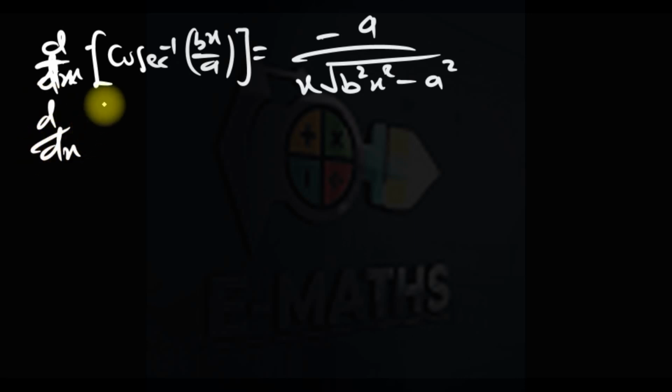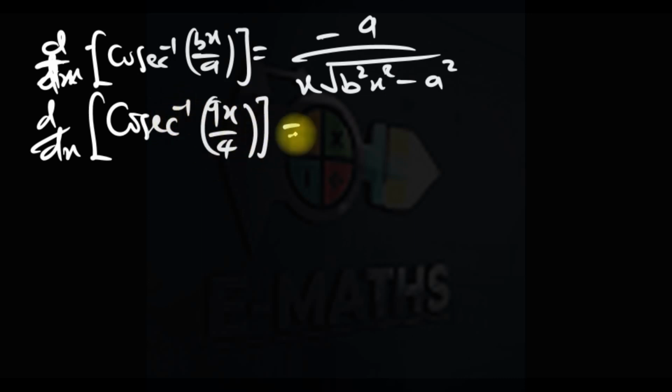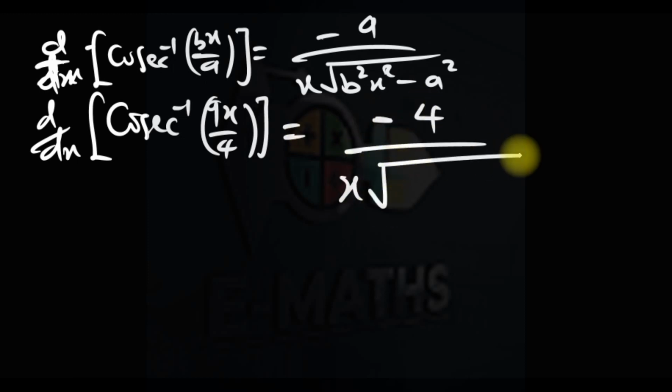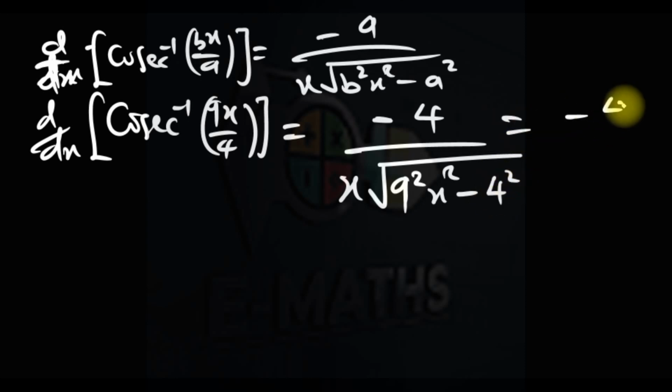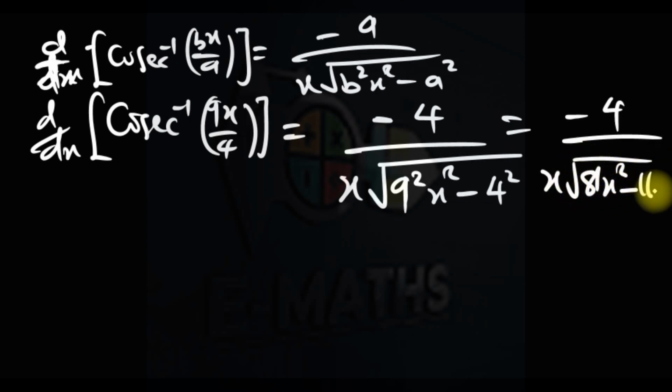Therefore, d over dx of arccosec of 9x over 4 is now equal to minus 4 over x square root of 9 squared x squared minus 4 squared. So this is minus 4 over x square root of 81x squared minus 16. So that's the answer.